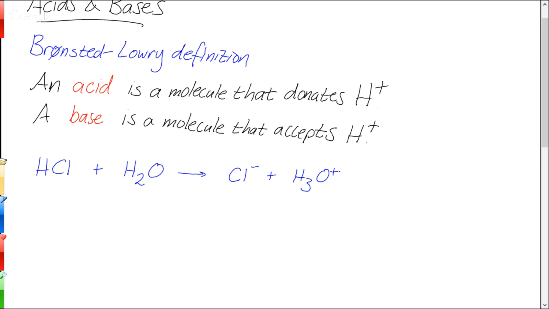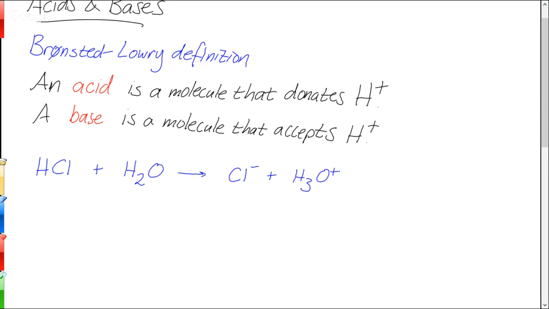But let's think about what's going on in this reaction based on those two definitions. One way we can describe what's happening in this reaction is that it describes a transfer of an H+. A hydrogen ion is moving from one molecule to another.